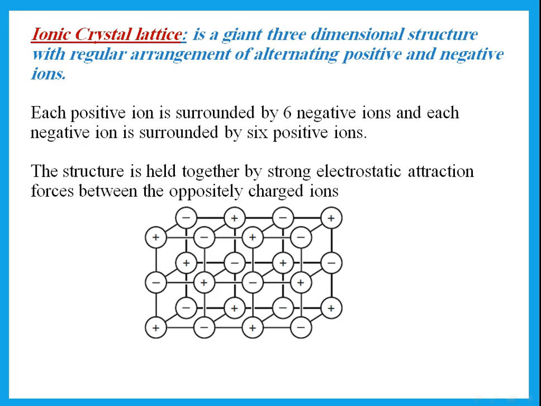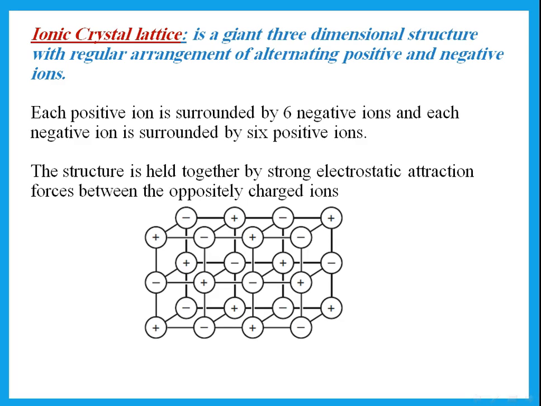Okay. Now, the ionic compounds, if we ask about the structure of the ionic compounds, the structure is called ionic crystal lattice. So this arrangement of positive and negative ions is called a crystal lattice. Remember that when I have sodium chloride, I don't just have one sodium next to one chlorine and that's it.